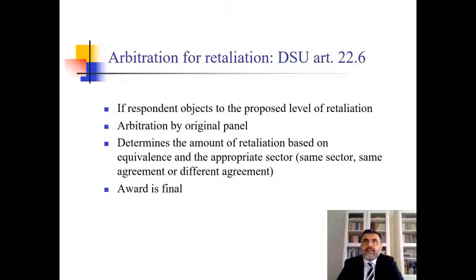And so at the end of the process, the arbitrator makes a decision about the equivalent level of suspension of concessions that the complainant may be authorized to carry out, the equivalent level of retaliation that the complainant may engage in, and that arbitrator's decision is final. It cannot be appealed.